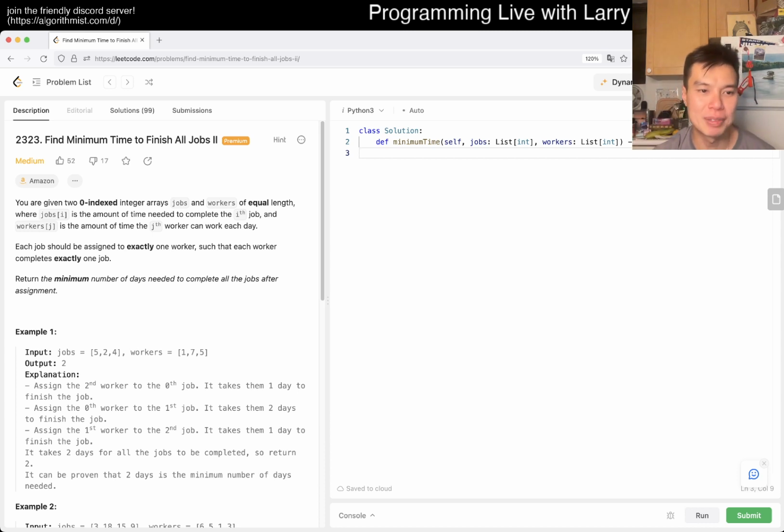Jobs[i] is the number of units of time needed, and workers[j] is how fast they can work. So you have some math about jobs over workers, and you're minimizing basically the max of jobs[i] over workers[j], right?